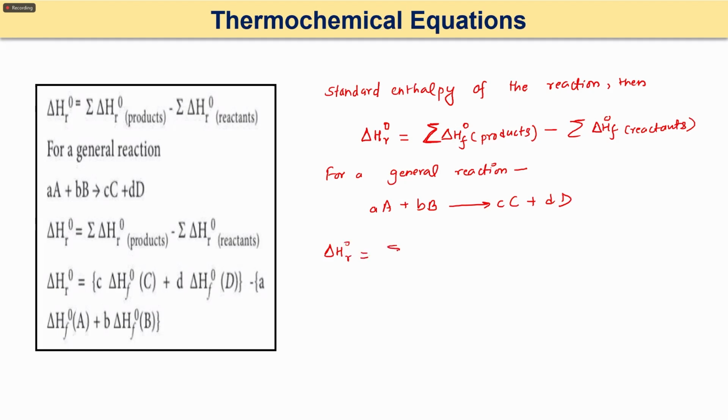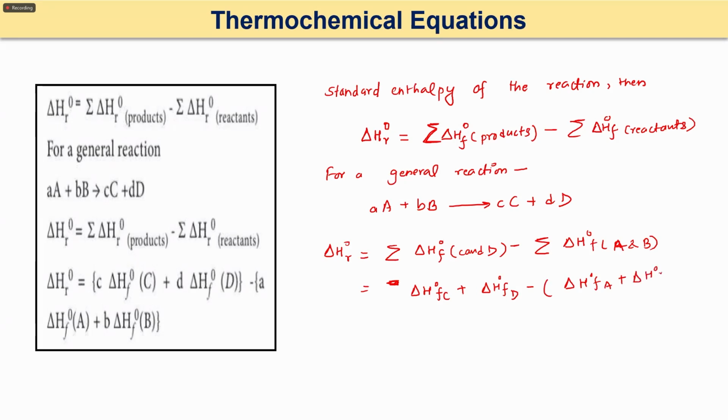That will be nothing but the summation of enthalpy of formation of products, that is C and D, minus the summation of enthalpy of formation of reactants, which is A and B. So it will become delta H naught f of C plus delta H naught f of D minus the enthalpy of formation of A and the enthalpy of formation of B.